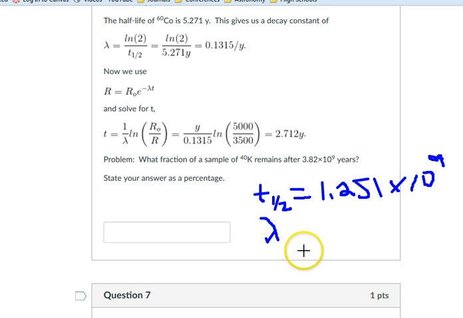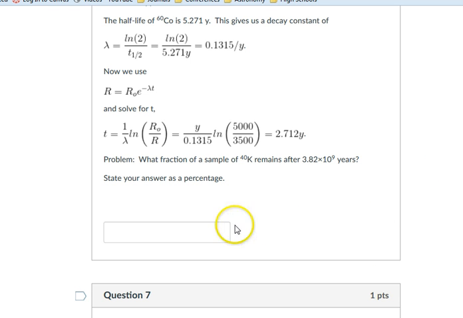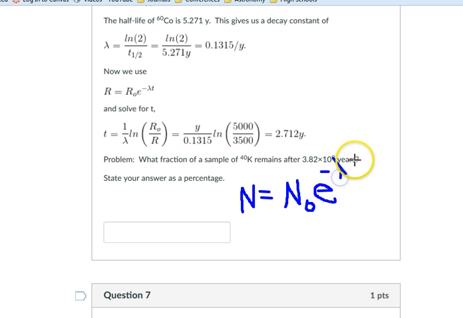Once we have lambda, we know that N equals N naught e to the minus lambda t, right? So we use the half-life of potassium to find lambda right there. We're given the time t right there.